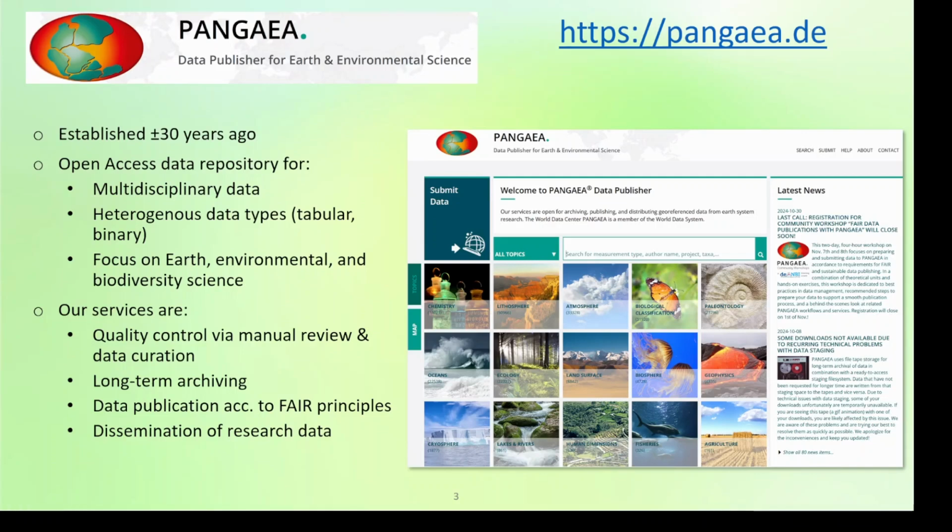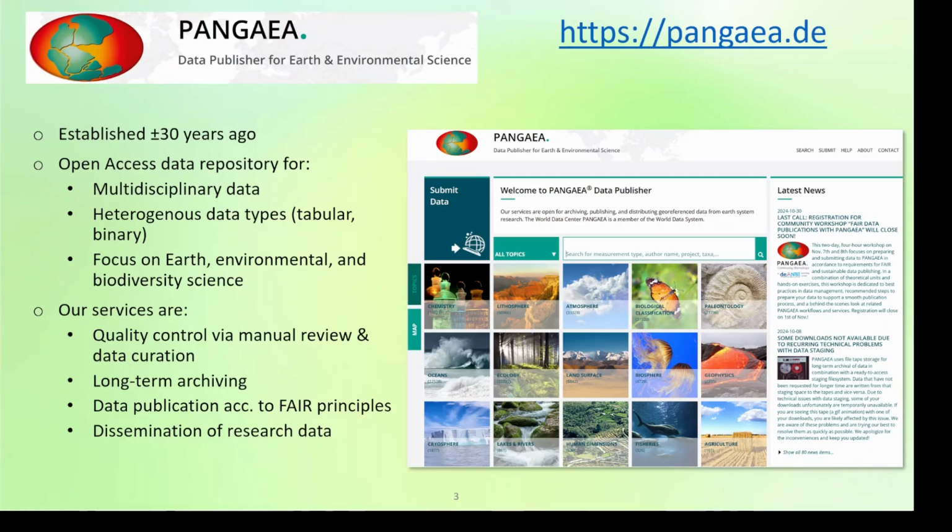It has a historical background coming from a database of core data, so marine cores, sediment cores, earth crust cores, and developed more and more into a really multidisciplinary data repository.